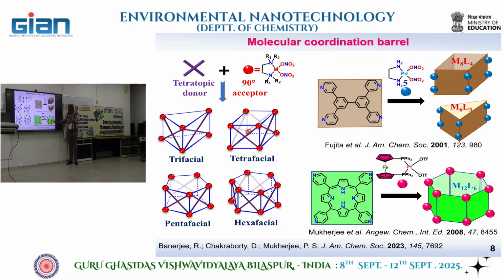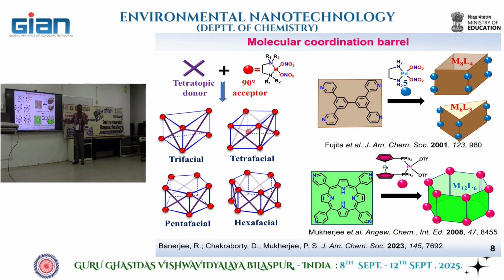So when this structure is forming, 12 times +2 means +24 charges. So this makes it water soluble. Otherwise it would be water insoluble, because you know organic molecules are water insoluble. So after forming the cage, this molecule becomes soluble.